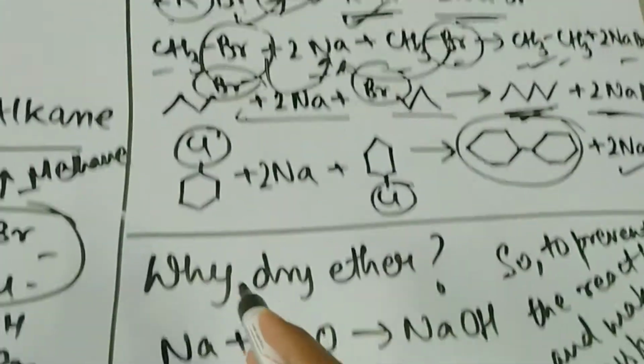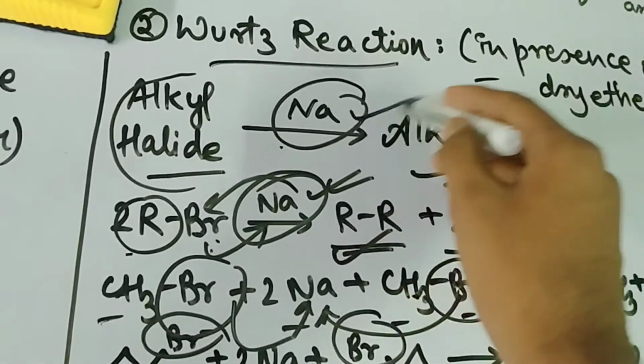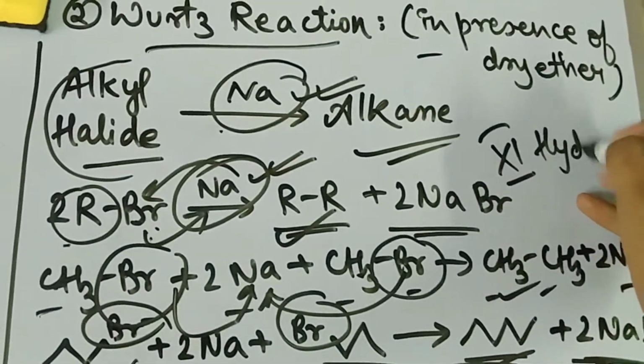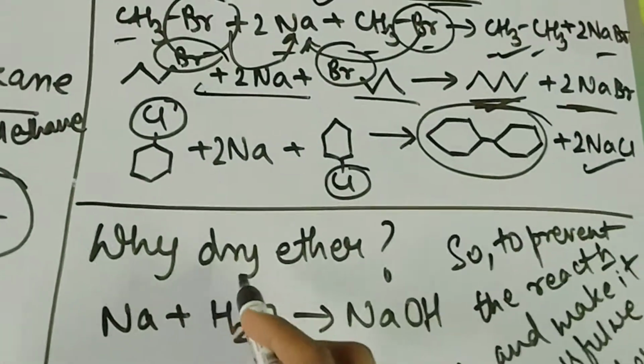Now this was the Wurtz reaction, in the presence of sodium. This was all covered in class 11's hydrocarbons. In class 11 we also discussed that the Wurtz reaction always gives an even number of carbons. Now why do we use dry ether?